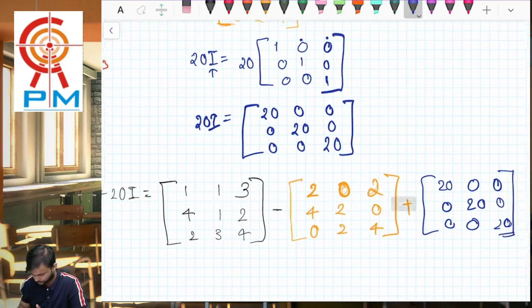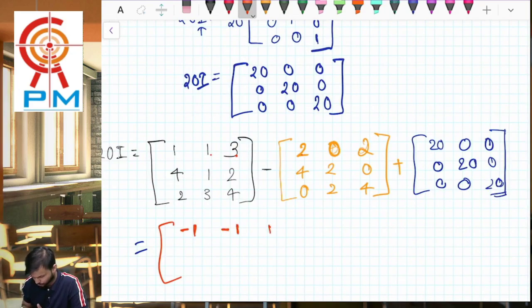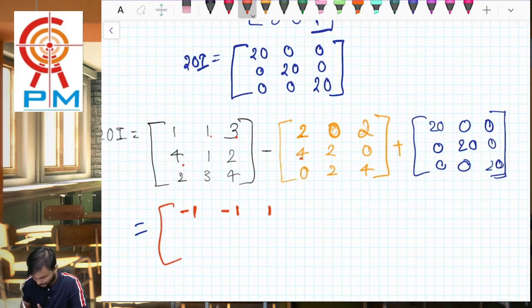Okay, algebra of matrices, very simple. 1 minus 2 minus 1, 1 minus 0 minus 1, 3 minus 2 1, 4 minus 4 0, 1 minus 2 minus 1, 2 minus 0 minus 2, 2 minus 0 minus 2, 3 minus 2 1, 4 minus 4 0.